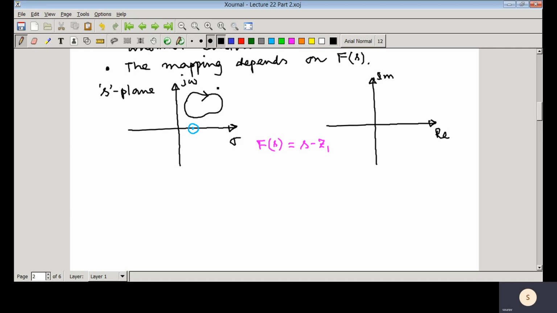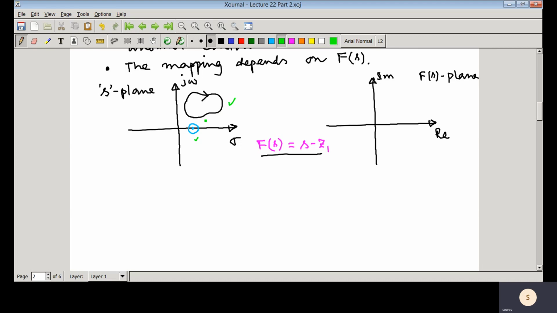If you take a particular direction, here we have taken the clockwise direction, and we can see that this contour does not encircle that zero. So the zero is outside that contour.